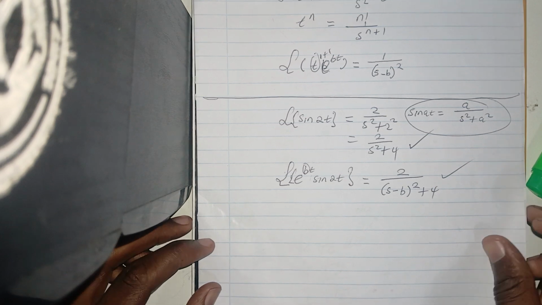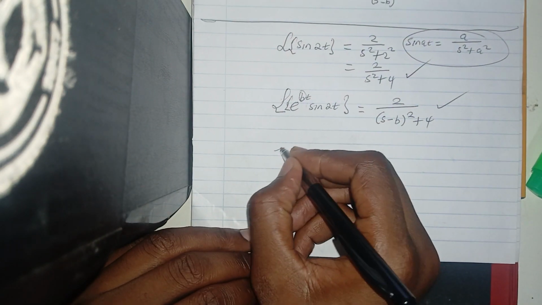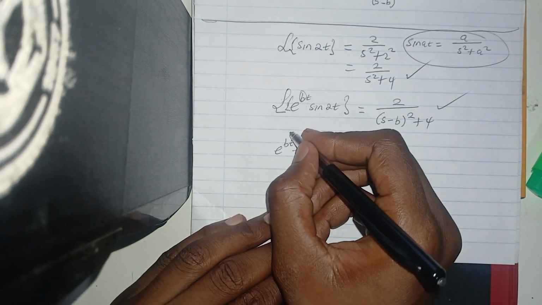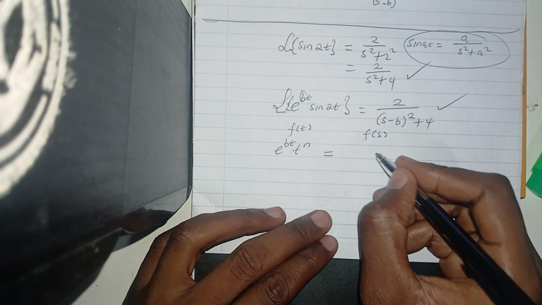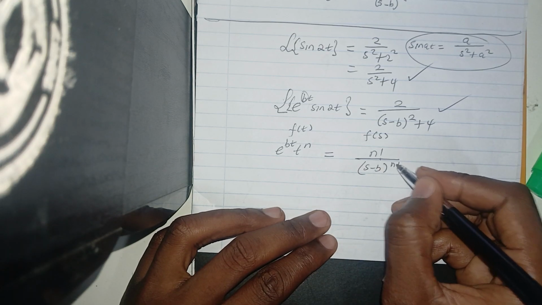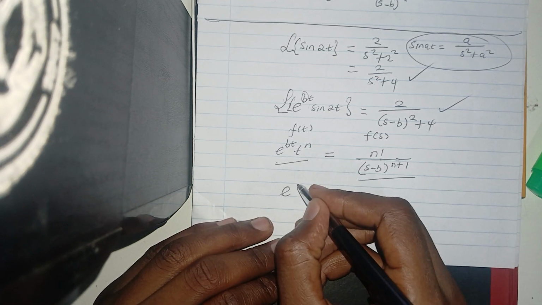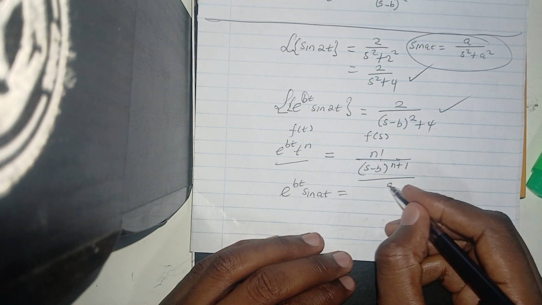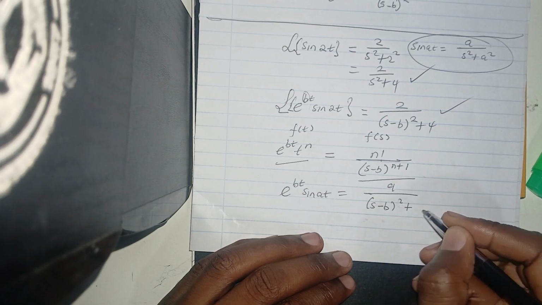What you have to know on the table, because some people don't have the table: e to the bt t to the power n, where this side is f of t and this side is F of s, is equal to factorial n over s minus b to the power n plus 1. And e to the bt sine at is equal to a over s minus b squared plus a squared.